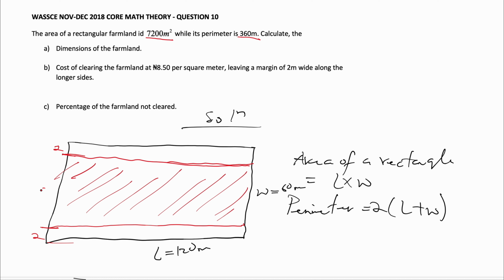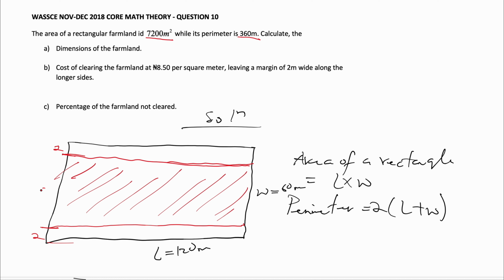Now we are being asked to find the cost of clearing the farmland at 80.50 naira per square meter. So for every square meter cleared, the clearer is being paid 80.50 naira, and we cleared a total of 6,720 meters squared.